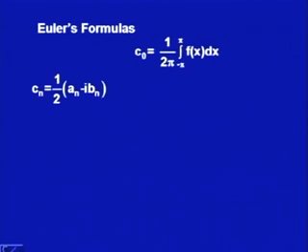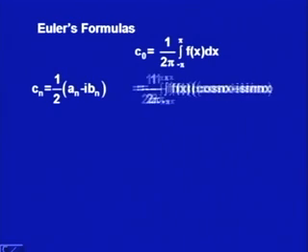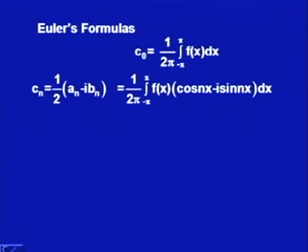So, if I write the Euler's formula for a n and b n, I would get 1 upon 2 pi integral from minus pi to plus pi f x cos n x, that is for a n, and f x sin n x, that is for b n. So, now here minus i b n. That is how we have got f x into cos n x minus i sin n x, a whole integral from minus pi to plus pi into 1 upon 2 pi.